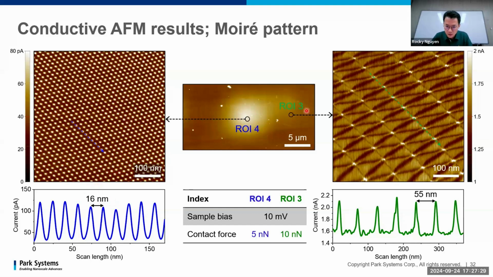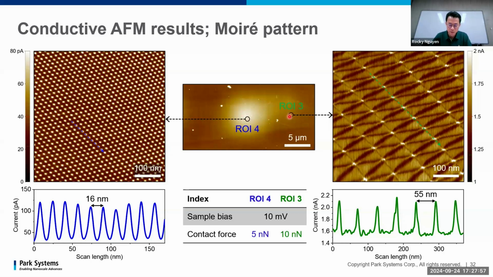And here, a little bit offset to the right side, at the RY3, we have a different shape of the pattern with a difference in the periodicity. This difference occurs due to the difference in the stacking registers of the sample, or the difference in the twist angle between here and here.